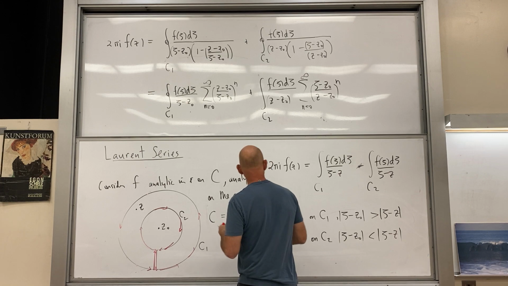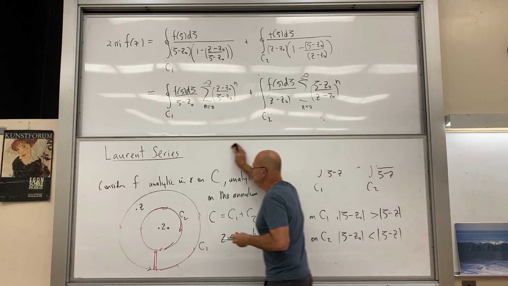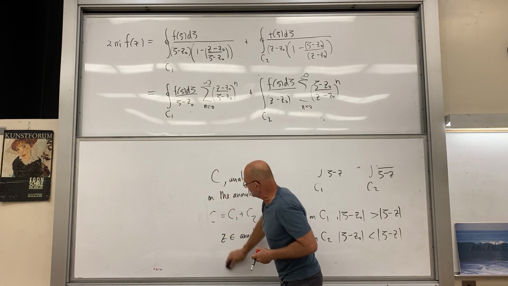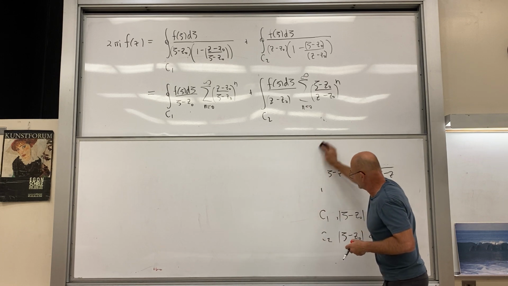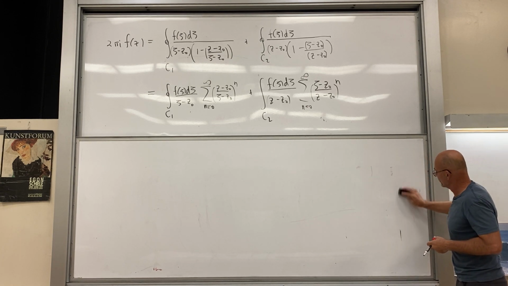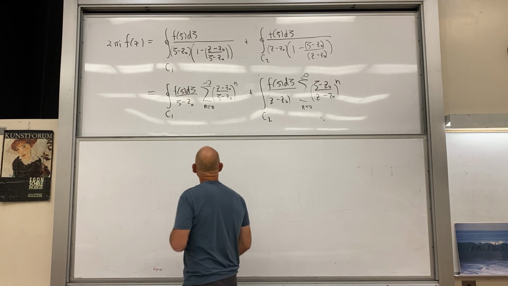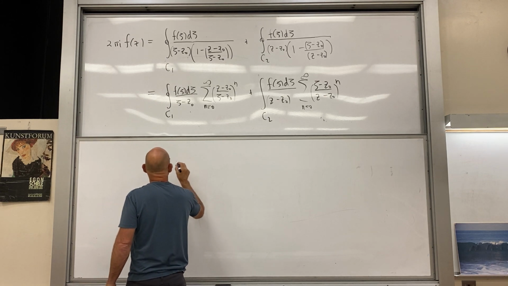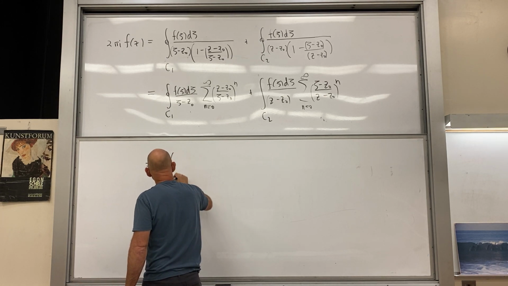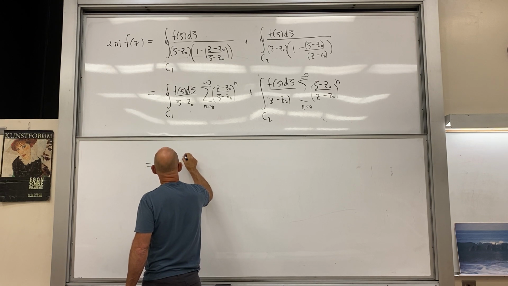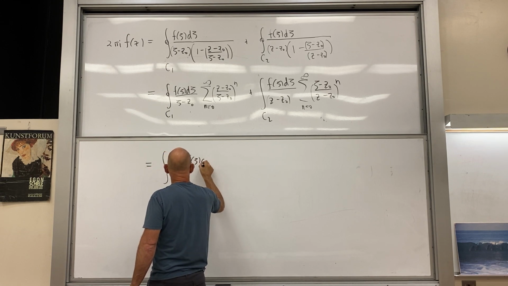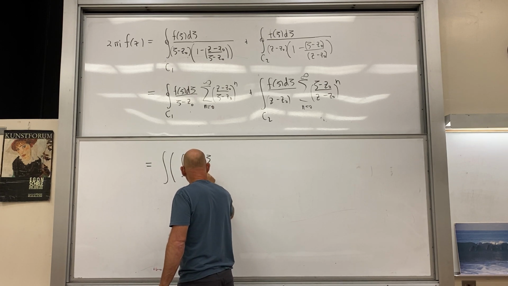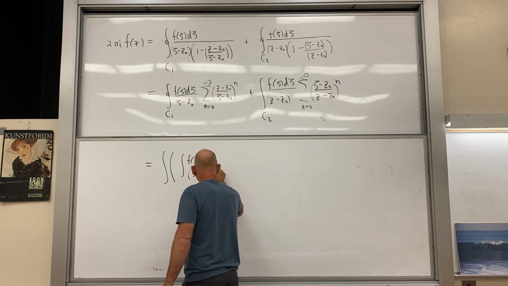Good. So continuing, I'll erase all this. Okay, here nothing has changed. And we'll just put big parentheses around here. We've got zeta minus z0 to the n plus 1.